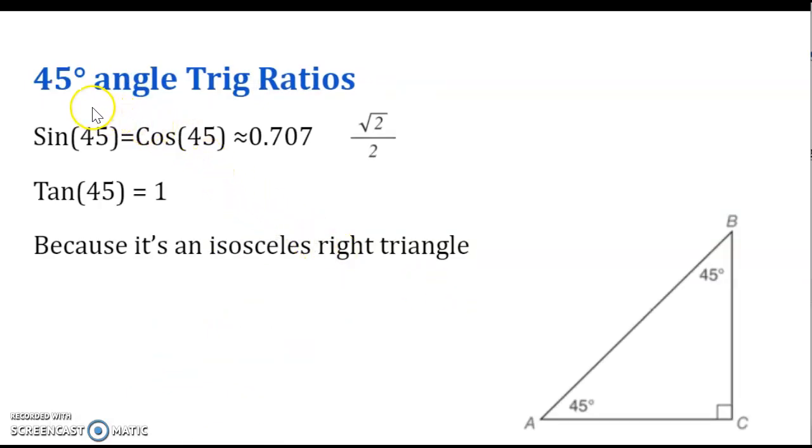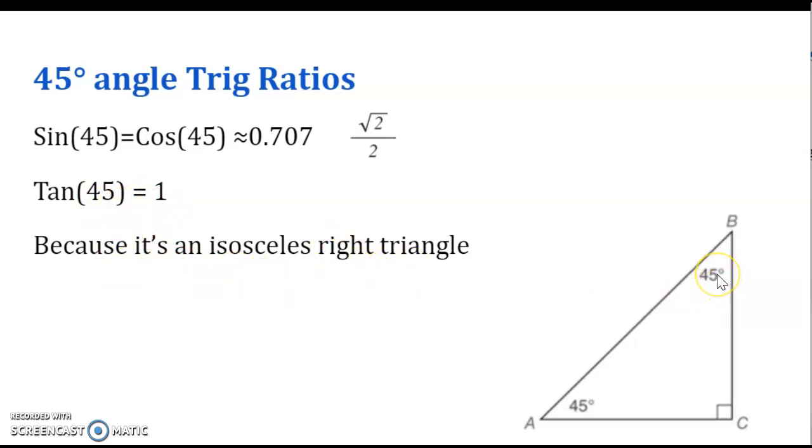And then also the 45 degree trig ratios. Sine of 45 degrees is equal to cosine of 45 degrees, which is equal to 0.707 or root 2 over 2. And tangent of 45 is equal to 1, because it's an isosceles triangle.